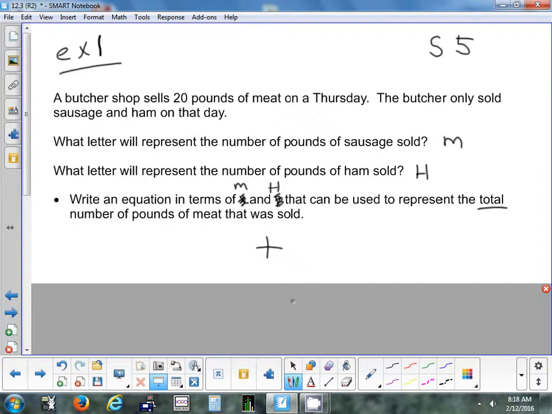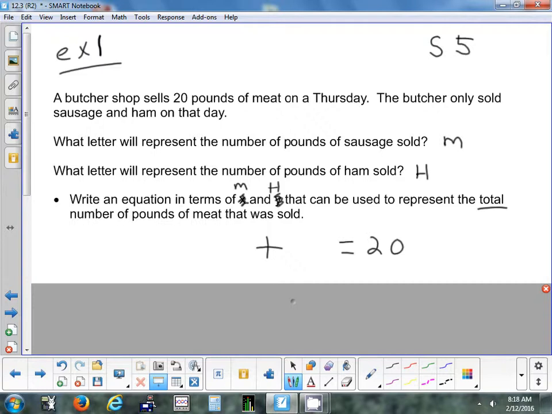Now, we already know the total number of pounds of meat that was sold. If you read that question, how many pounds of meat did the butcher sell? 20.